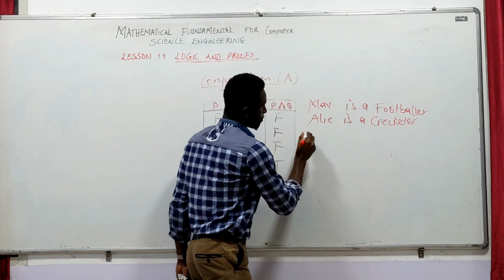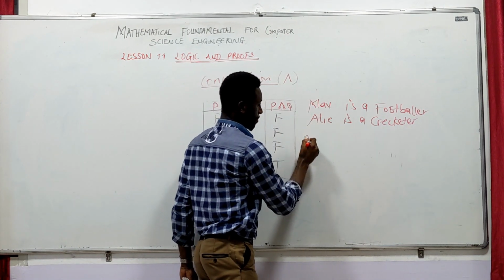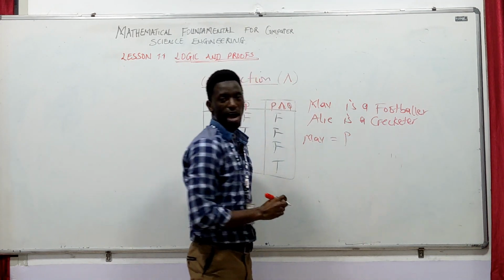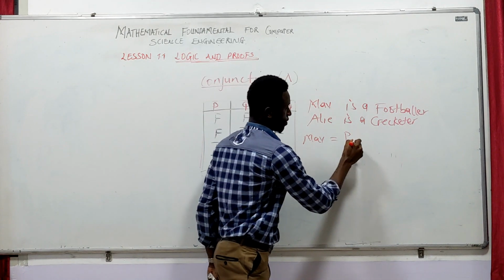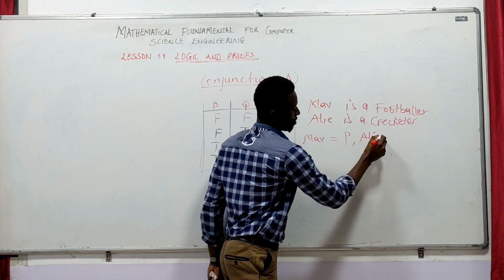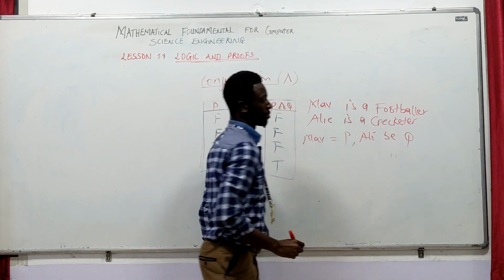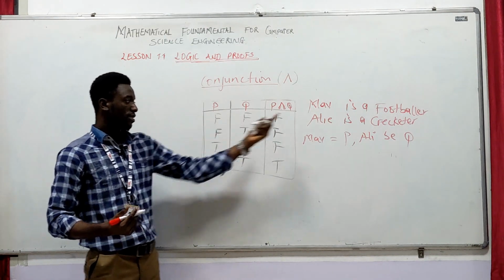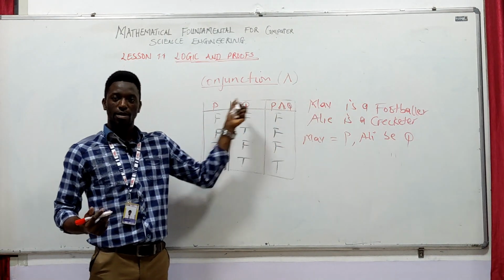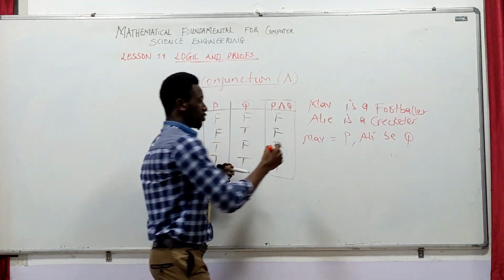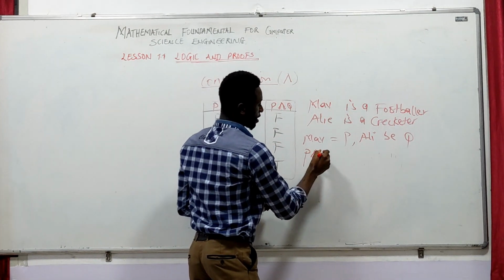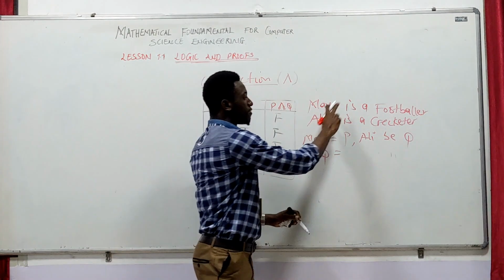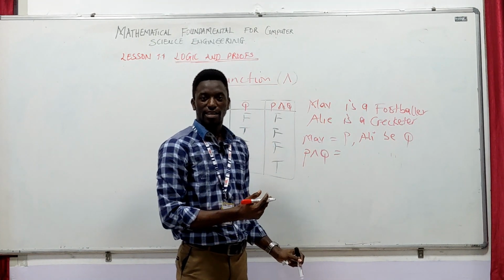So now we let Marv be P and Ali be Q. Now write this in terms of conjunction statements. These statements I've given you in terms of sentences, put it in the truth table form. So you can say P and Q implies what?